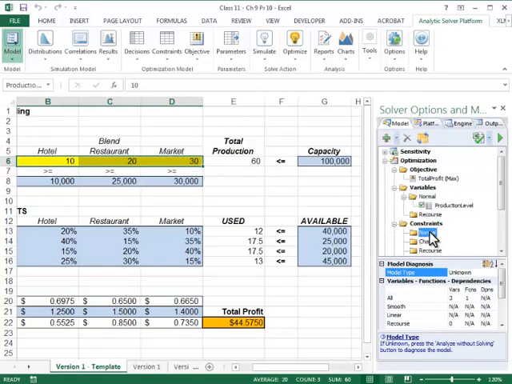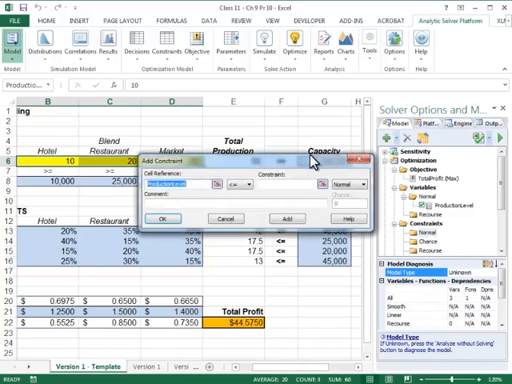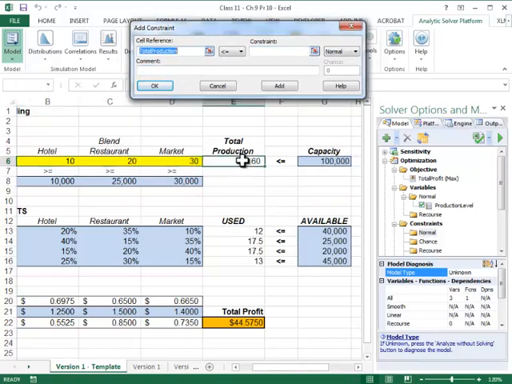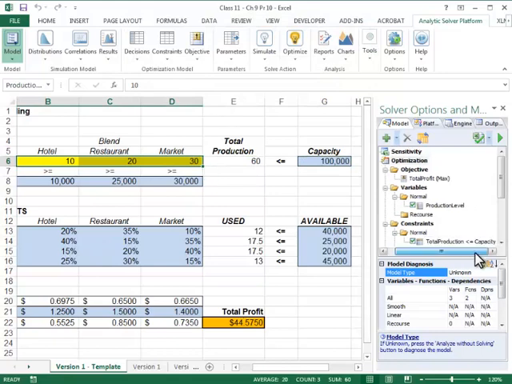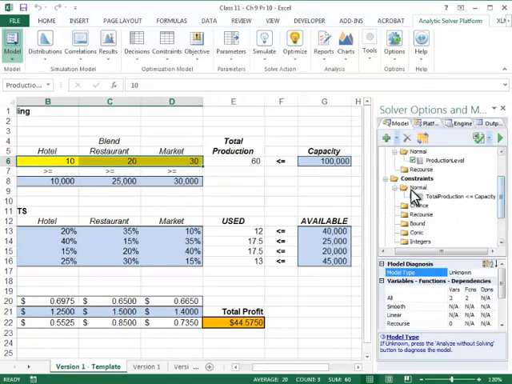My constraints, well, let's enter them one by one. First of all, I need to make sure that total production is less than or equal to the capacity. As you can see, I can read it over here now.